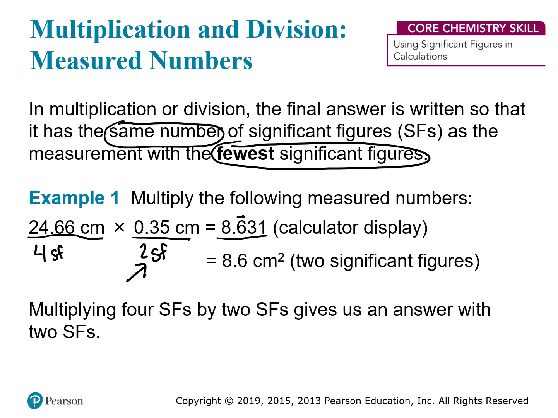Okay, that's 4 or less, so I got to drop everything else off, and then I need to report my answer as 8.6. And then I have to write my unit, centimeters squared, because I'm doing centimeters times centimeters. So your calculator can only help you with so much. You have to remember the rules for sig figs, for rounding, and your units. So calculators are great tools, but they're not the end-all be-all.